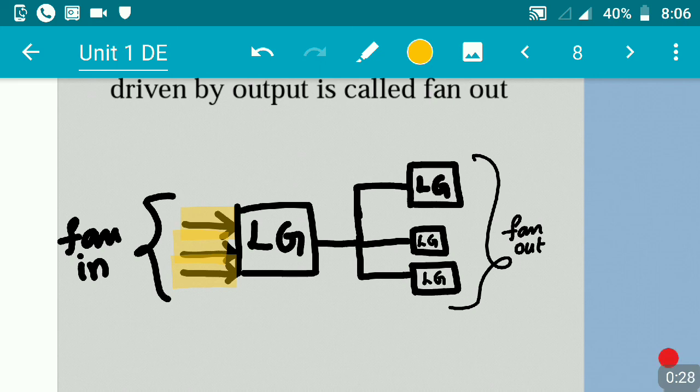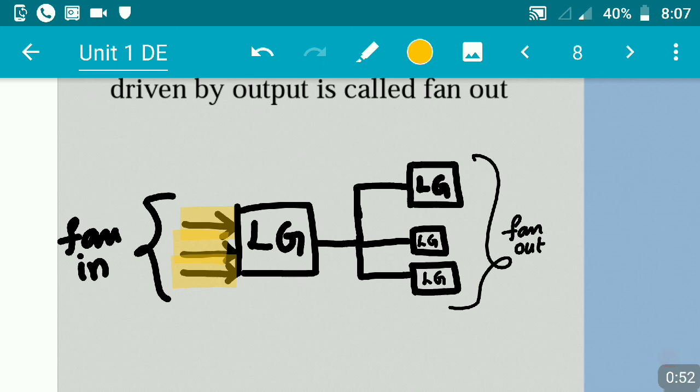A logic gate is nothing but a digital electronic circuit. By now you must have understood that if I speak about a digital electronic circuit, most of the time it consists of logic gates. These logic gates are made up of different logic families, and we are discussing the IC logic families.